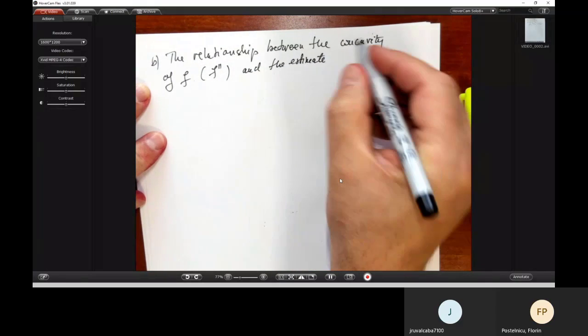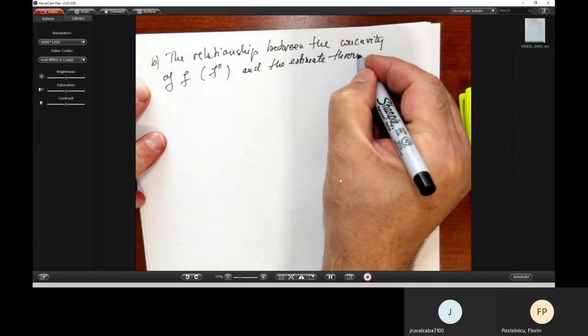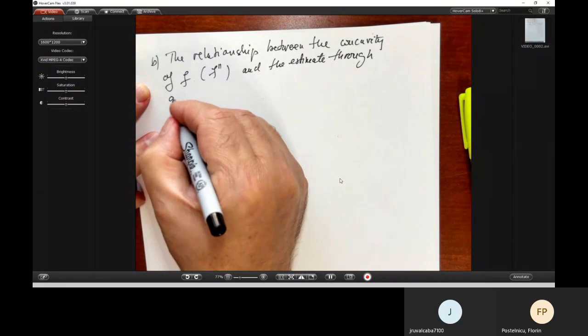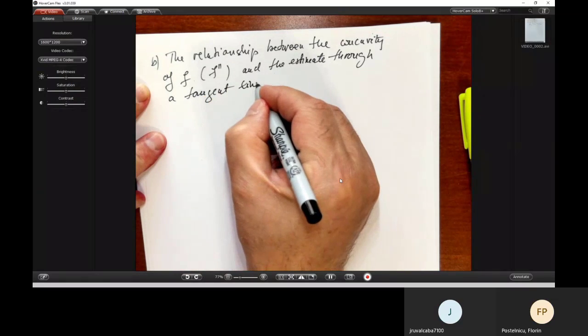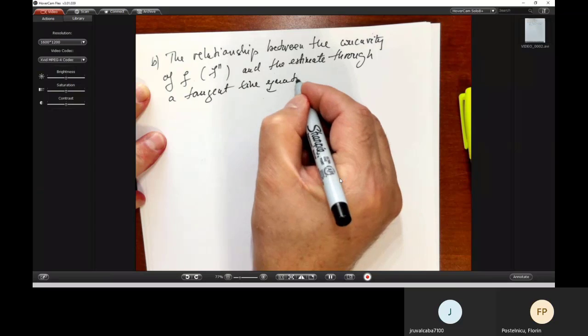I will use a graph in order to illustrate our point, to see how those estimates are comparing to the real values.